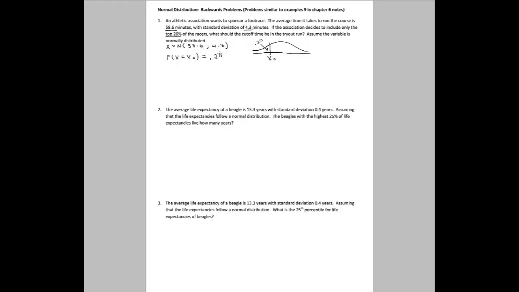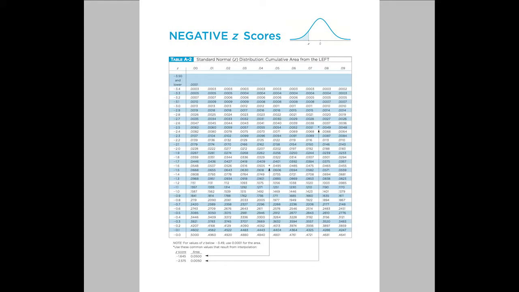So our first step is to find our Z naught by looking up the 0.20. So we go to our table and we find the closest thing to 0.20 possible. And notice that that is 0.2005.